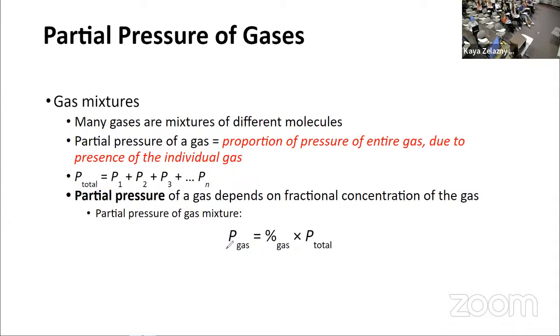So for the partial pressure of that gas, we're going to take our total pressure and multiply it by the percent made up of that gas, right? So if you have a gas that's 50% of the atmosphere, you just multiply that total pressure by 50% to get your partial pressure of that gas, okay? So we're thinking about our total pressure as adding up partial pressures for multiple gases.